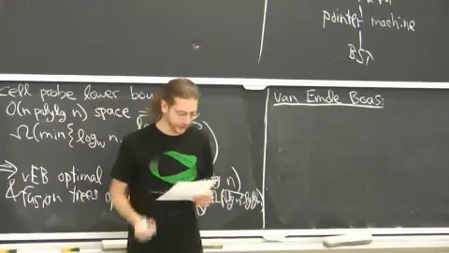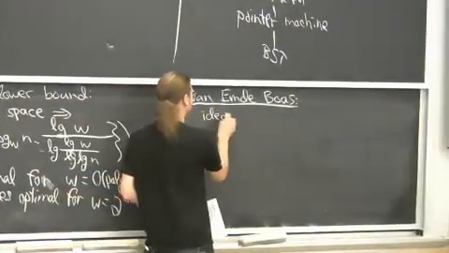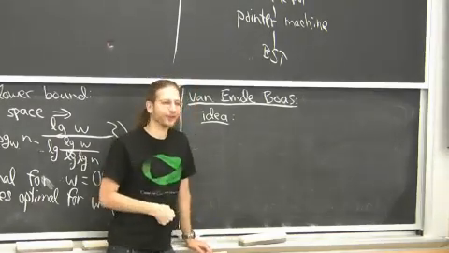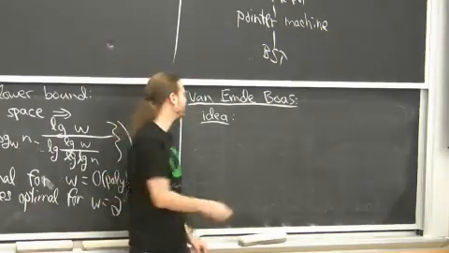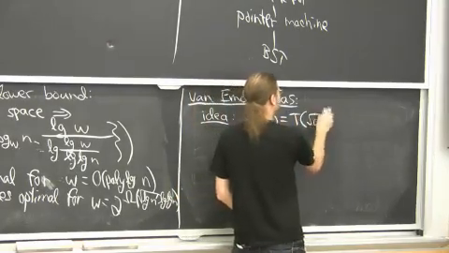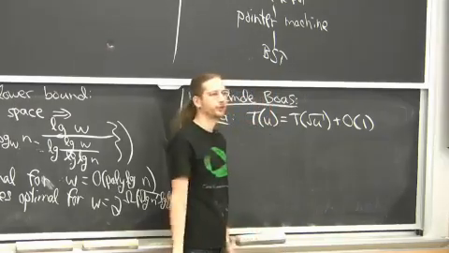I'll talk about history a little later. The central idea, I guess if you wanted to sum up van Emde Boas in an equation, which is something we very rarely get to do in algorithms, is to think about this recurrence. T of u is T of square root of u plus order 1. What does this solve to?